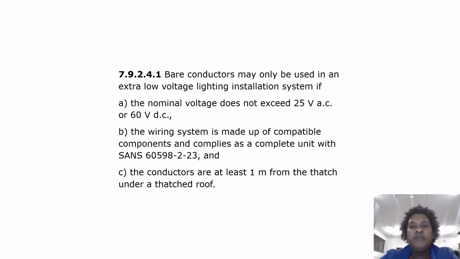Bare conductors. Bare conductors may only be used in an extra low voltage lighting installation system if the nominal voltage does not exceed 25 volts AC or 60 volts DC, the wiring system is made up of compatible components and complies as a complete unit with SANS 60598-2-23, and the conductors are at least 1 meter from the thatch under a thatched roof.